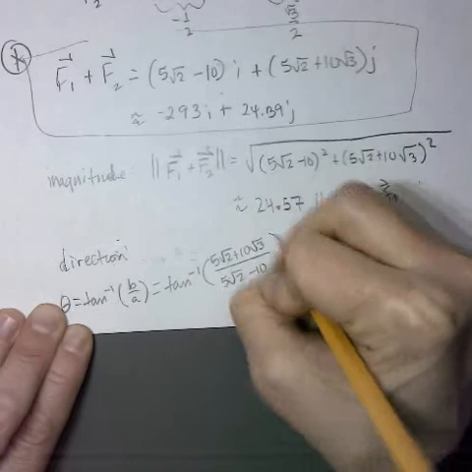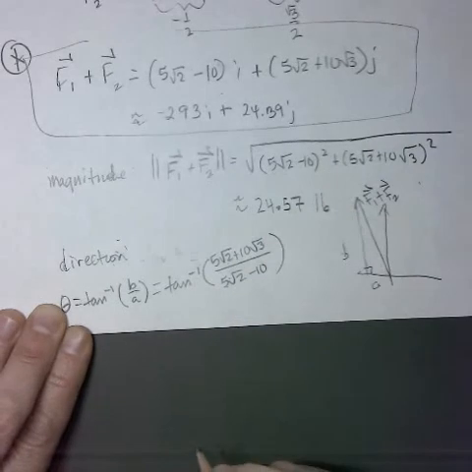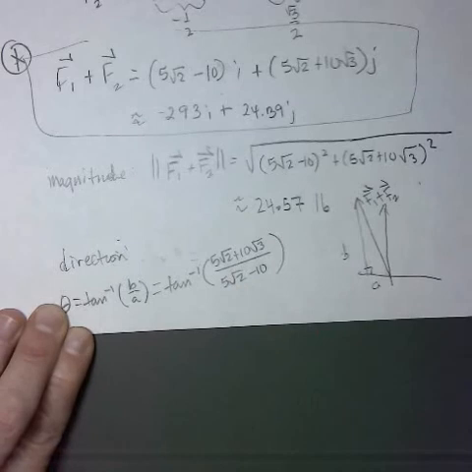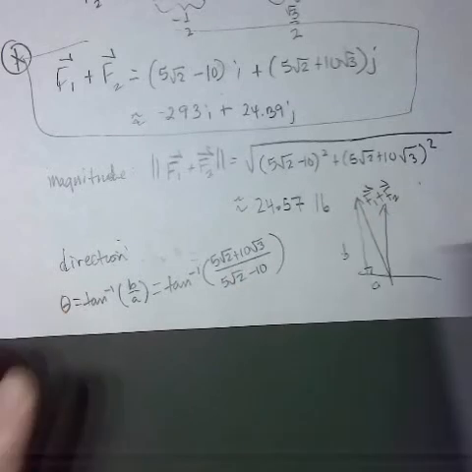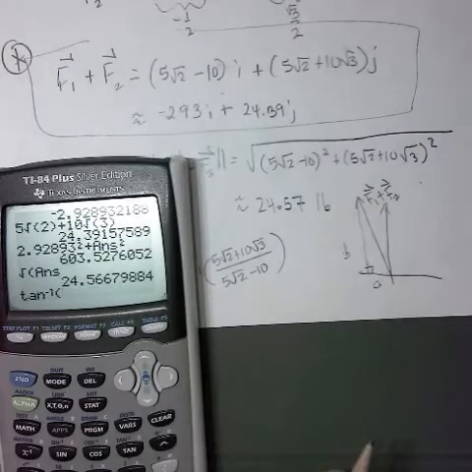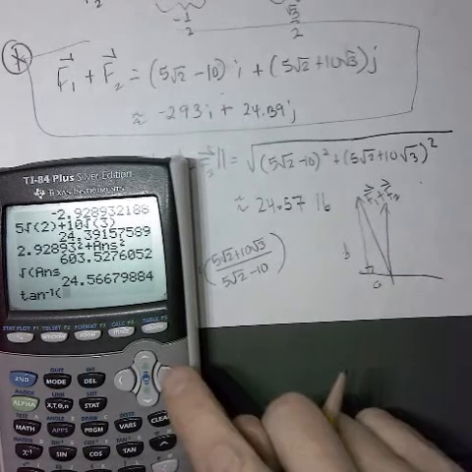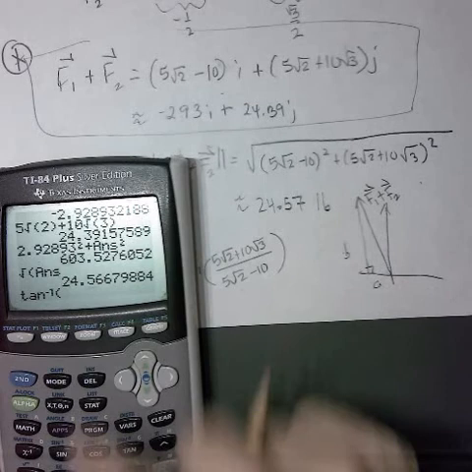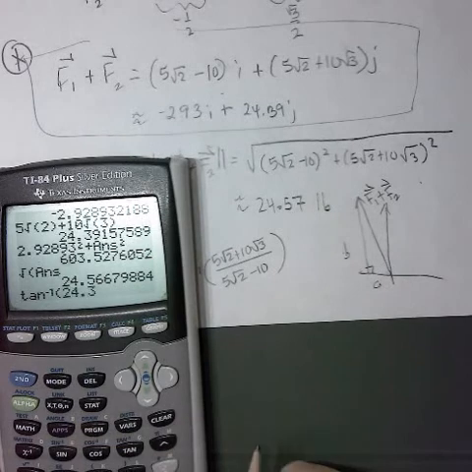Now again, you can use your decimal numbers, but don't round too much there. So tangent inverse, what were the numbers? So 24.39157 divided by negative 2.92893. The sign matters here, so don't leave it out.